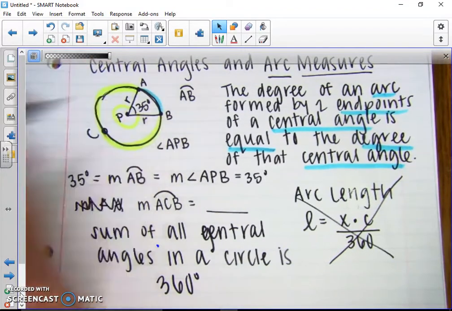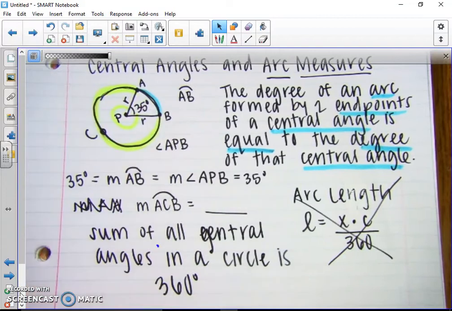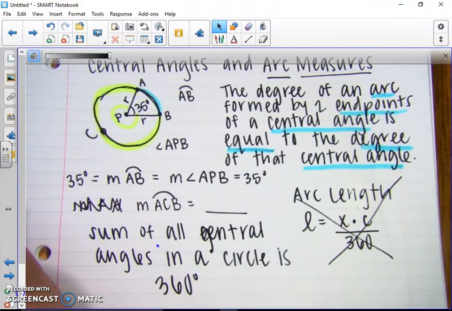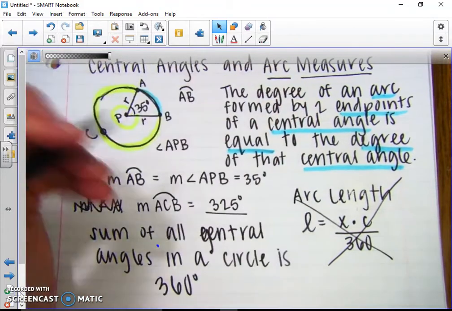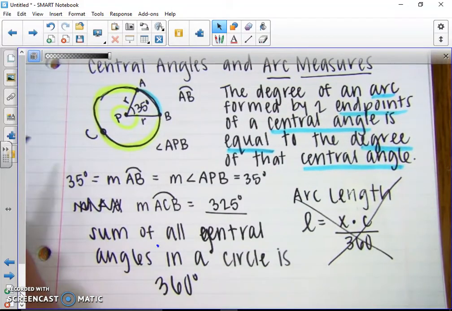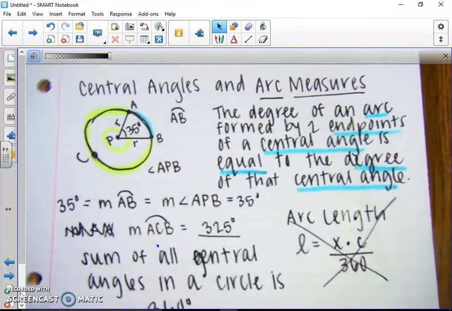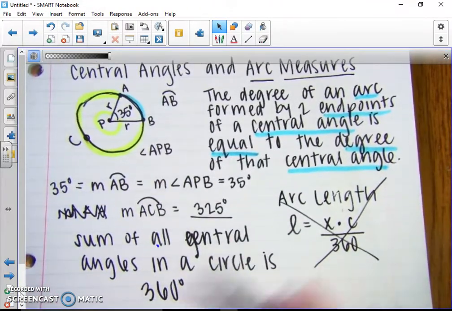So if we know this is 35, let's just take the difference of 360 and 35 and see what we get. We're going to get that the measure of our arc ACB is 325 degrees. Now that we understand central angles and their arc measures and the sum of all central angles of a circle, we can use these to solve some problems.